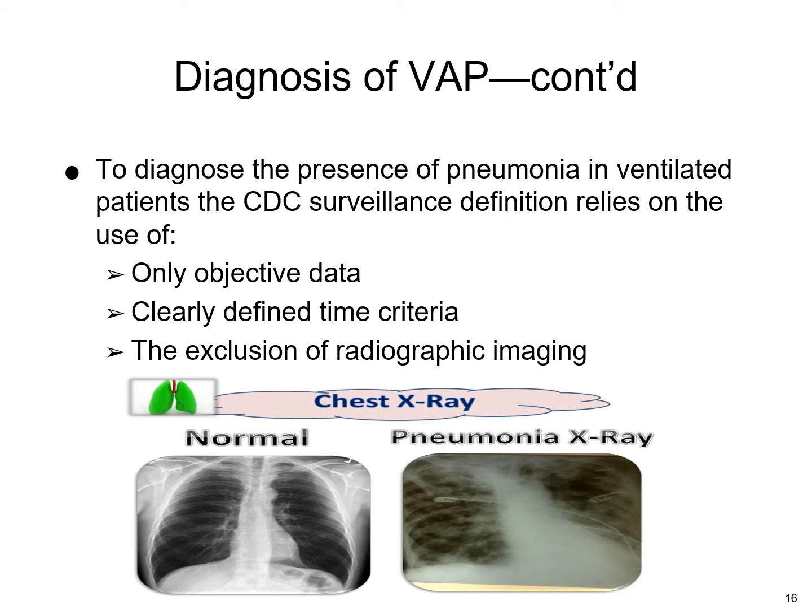They need to make sure they diagnose it properly by using objective data, figuring out when this all happened, so clearly defined time criteria, and the exclusion of X-ray. If you look at page 283, it helps differentiate how they define this.